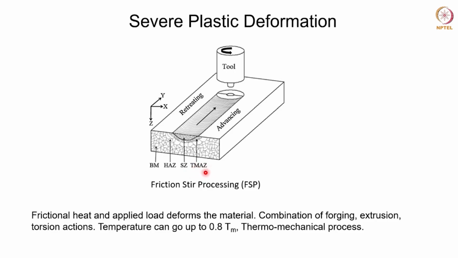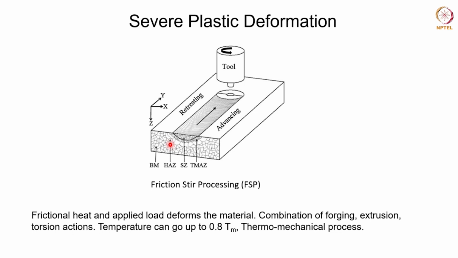This zone also is subjected to high temperature and deformation, but the degree of deformation here will be lower compared to the stir zone. And then next to it, like in any other welding process, in friction stir welding or friction stir processing also, you have the heat affected zone, which is the region that is subjected to heat cycle but not any deformation. So this region will display a coarser grain size compared to the other two regions.